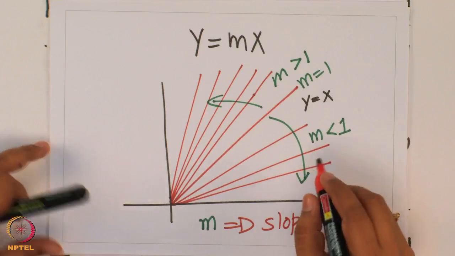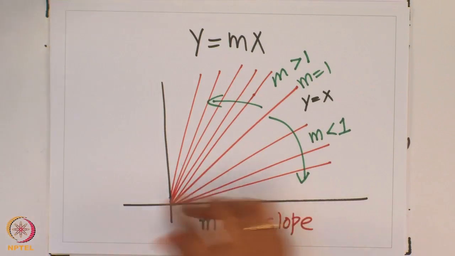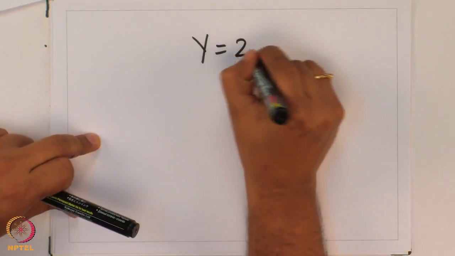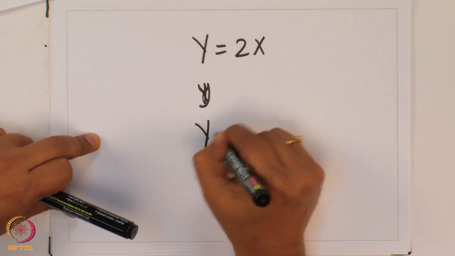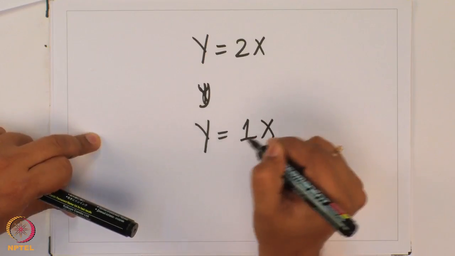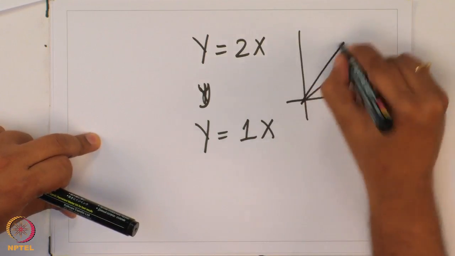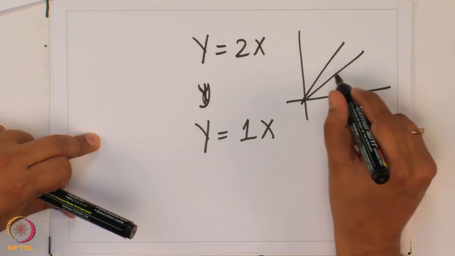So if I just think of y is equal to 2x and y is equal to 1x, 2x has more slope, it is more slanted.